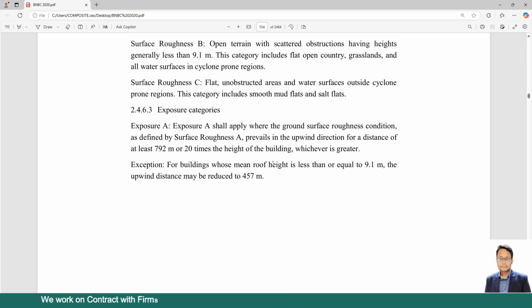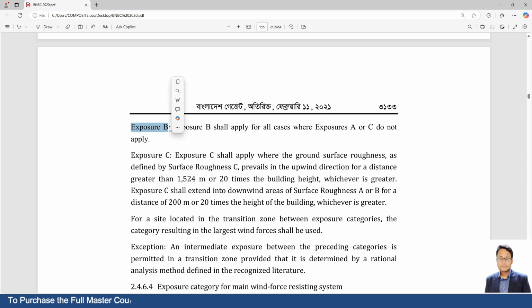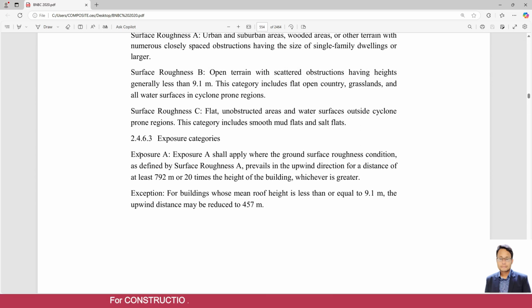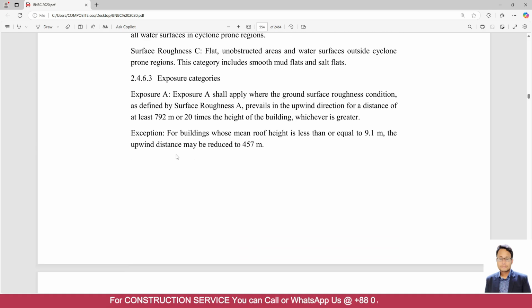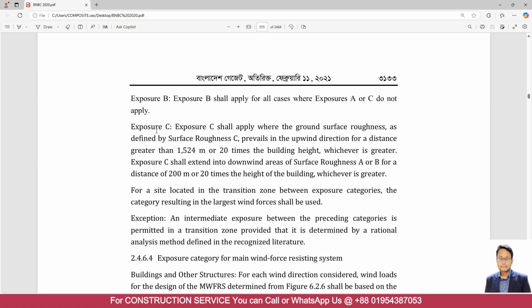In short I can say if the structure is in an urban area where there are several obstacles for wind load, in that case you can consider your structure under exposure A. If your structure is in an area where there are not sufficient obstacles, you can consider exposure B. If you are doing this design for a coastal area where there are no sufficient obstacles and also a higher chance of wind attack, you can consider your structure under exposure C. That means exposure A for sufficient obstacles available, exposure B for insufficient obstacles but not in a coastal area, and exposure C for coastal area where there are not sufficient obstacles, right?